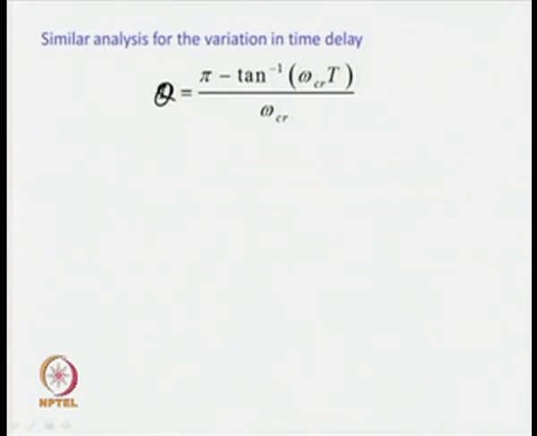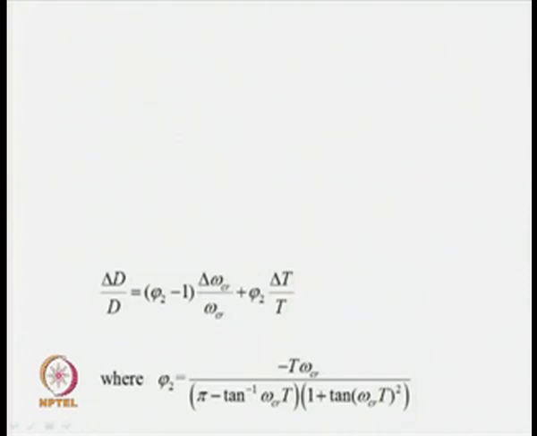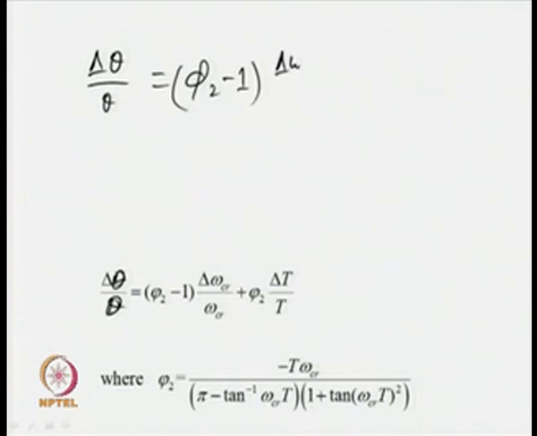Okay. Similarly, the analysis can be extended for the time delay theta, which is given by theta is equal to pi minus tan inverse of omega_cr t upon omega_cr, where for this case finally the relative error associated with the time delay is given by (phi 2 minus 1) times delta omega_cr divided by omega_cr plus phi 2 times delta t upon t.